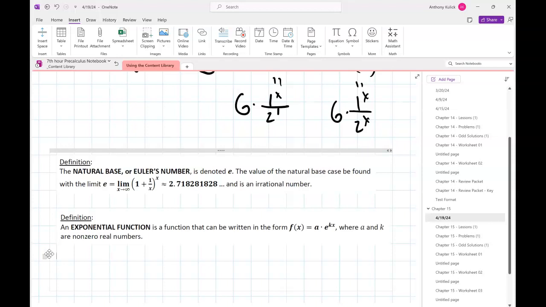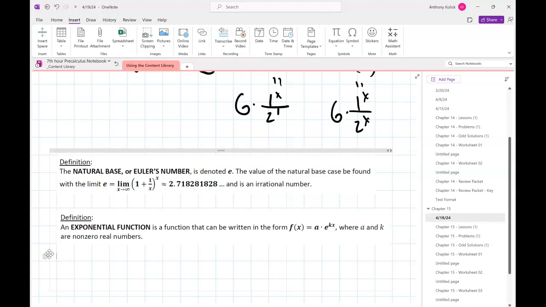So another way we can describe our exponential functions is writing them in the form y equals a times e to the kx. So we have this extra parameter k now. But this is just another way of writing an exponential.